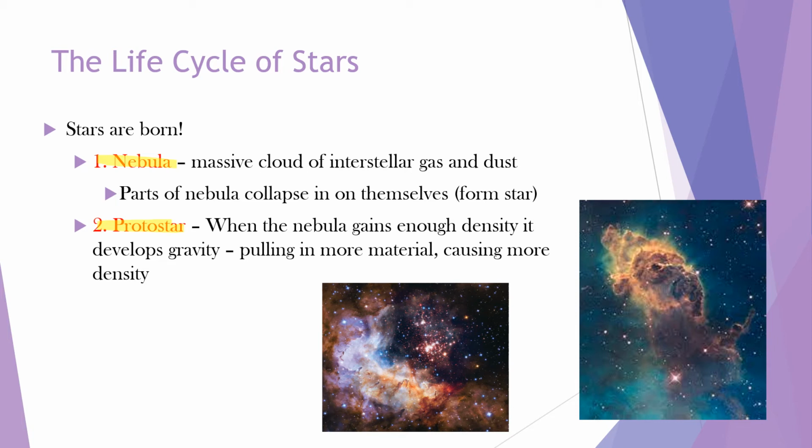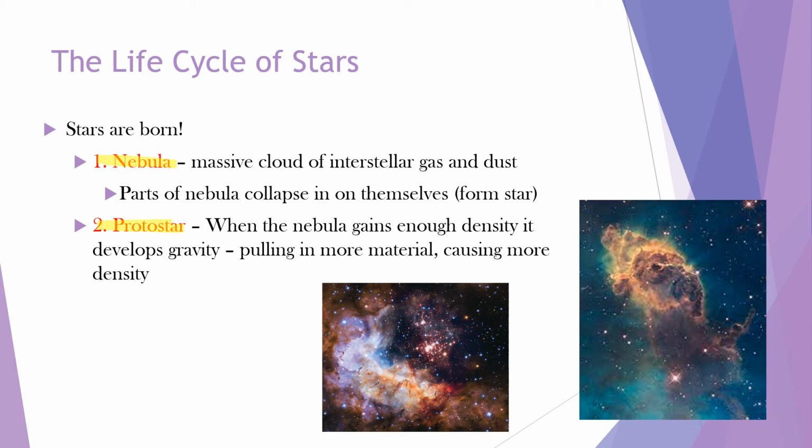This creates a star that is denser and denser and hotter. And eventually this material is so close together that it then starts performing the chemical reaction called nuclear fusion. And this is where the star actually gets its energy and it is able to glow.